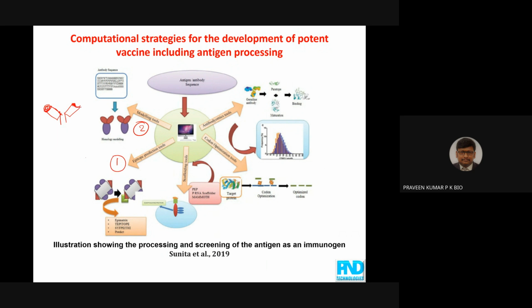The paratopic region, present on the surface of the antibody, binds with the antigen. In this region specifically, we have different scFv fragments. Each and every part of this surface is important for antigen binding.